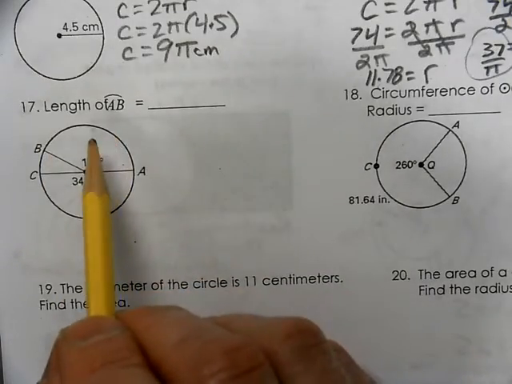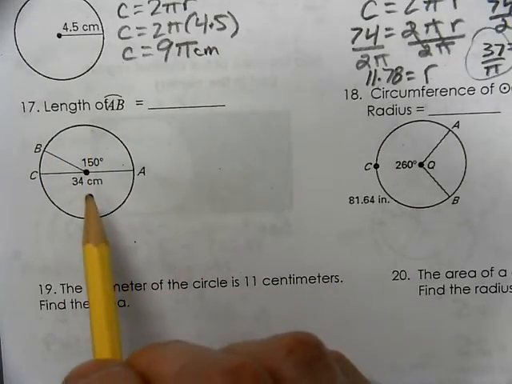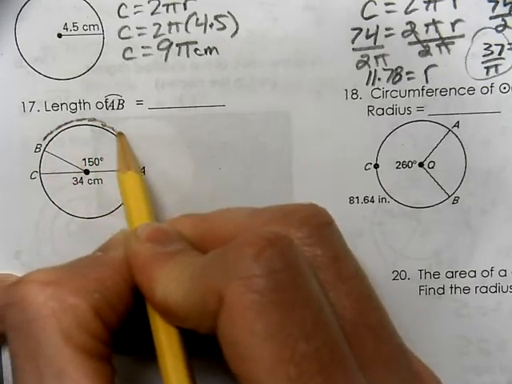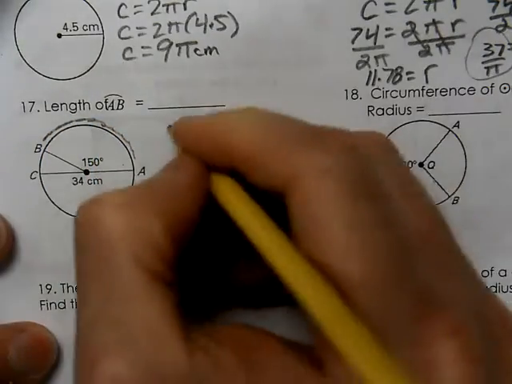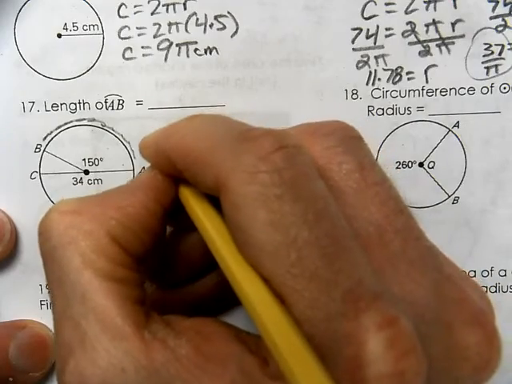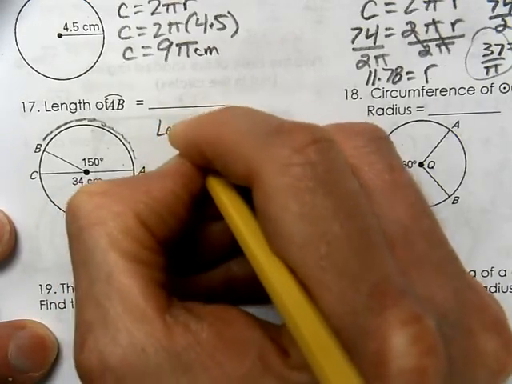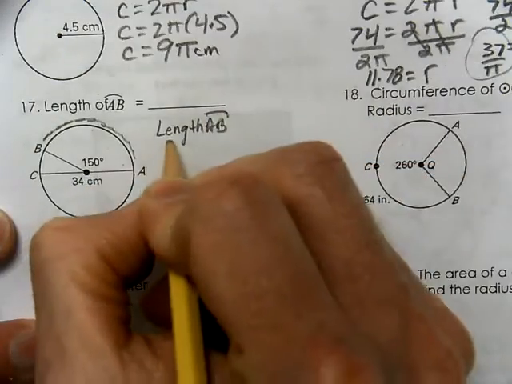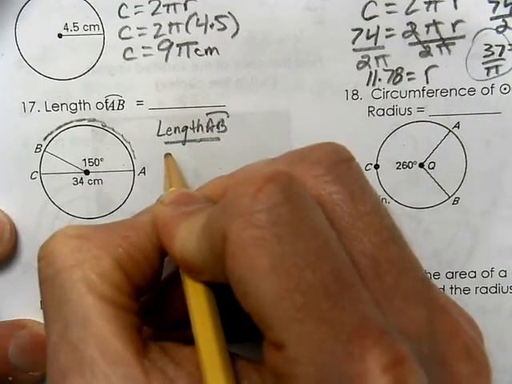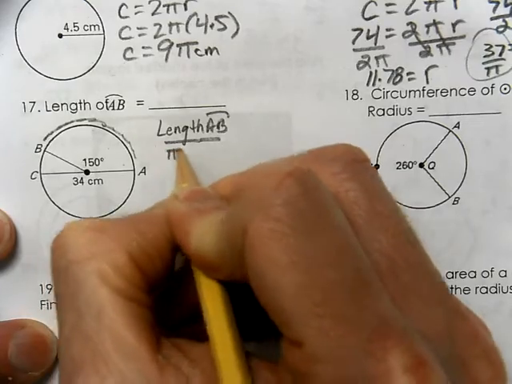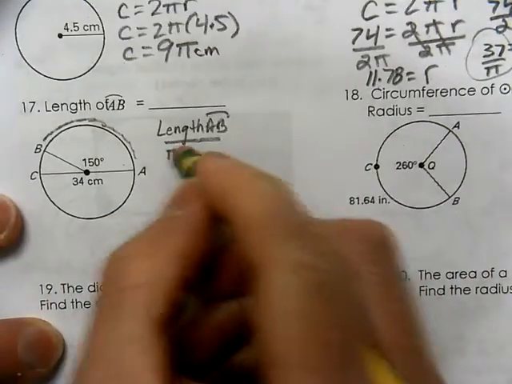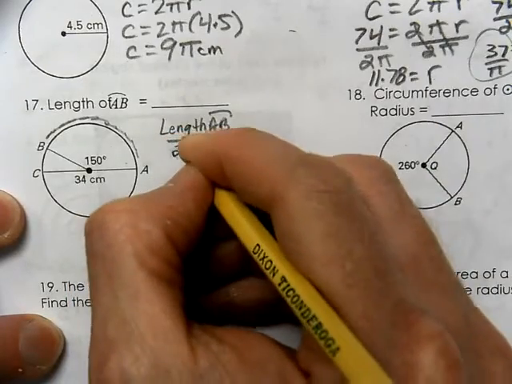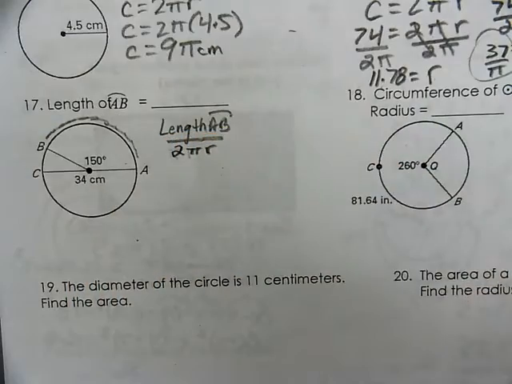Number 17, we're supposed to find the length of arc AB. So we have length AB over 2 pi r, which is your circumference, or diameter times pi.